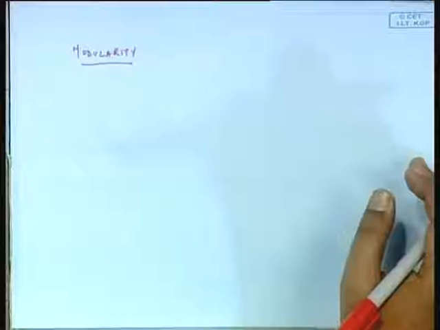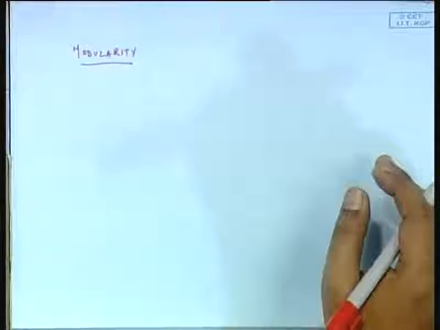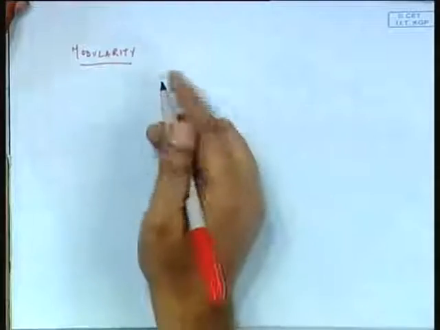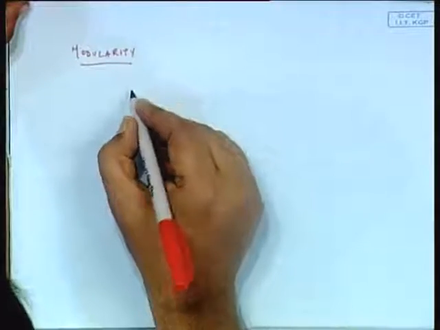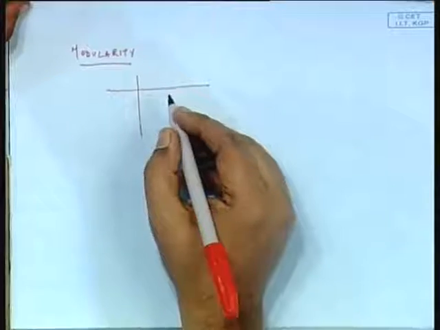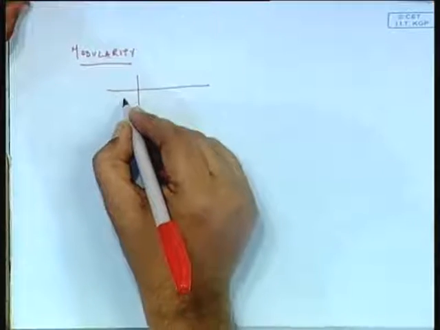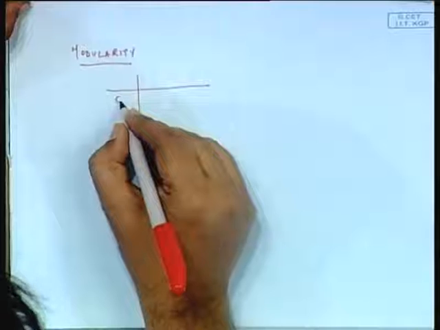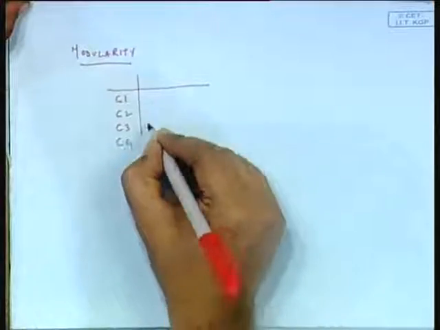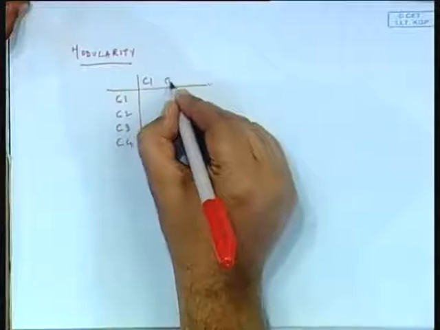So, what do we do in modularity? There can be many definitions of modularity, but one important way you can think of is what we saw in the associative coefficients, that you have community 1, community 2, community 3, community 4.